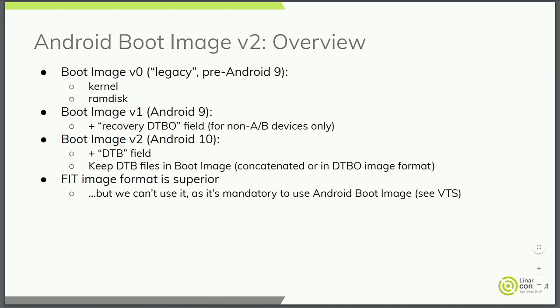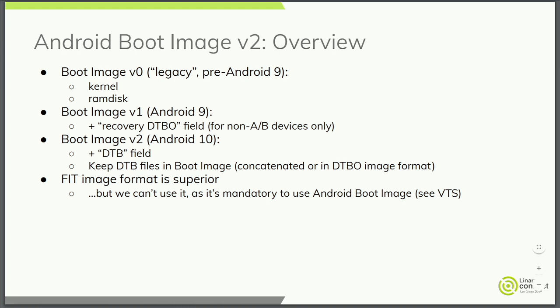And before, we had a boot image which was called legacy. Now this is version 0. This boot image format had only kernel and RAM disk basically, also some secondary boot stage, but anyway. In Android 9, a new boot image version was added, called version 1, right?